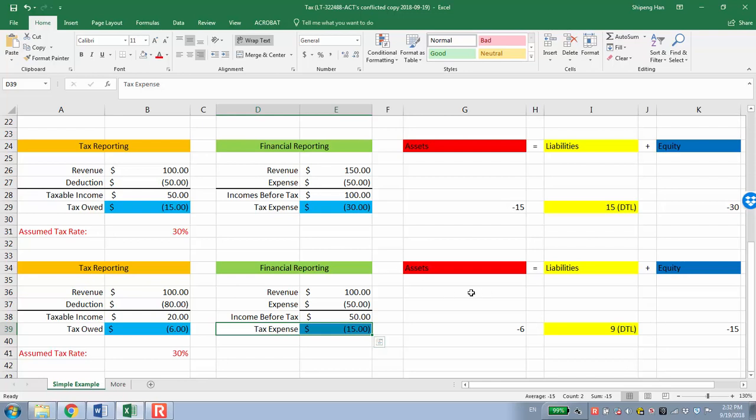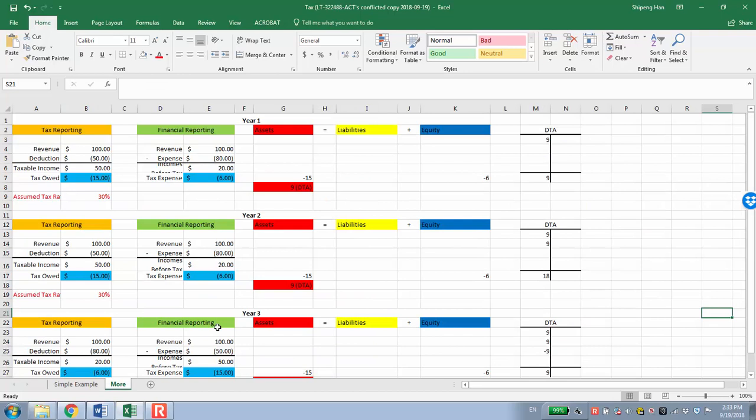Remember, deferred tax assets and deferred tax liabilities are both permanent accounts in the balance sheet. That means they can be accumulated. That's why when you look at the tax disclosure in the financial reports, you can find an exhibit or a schedule showing the balance of deferred tax assets and deferred tax liabilities for different sources.